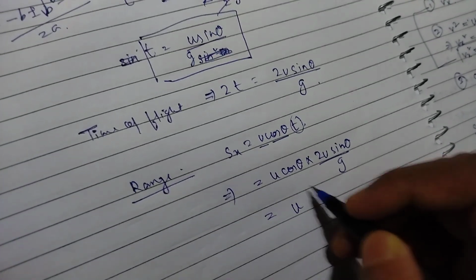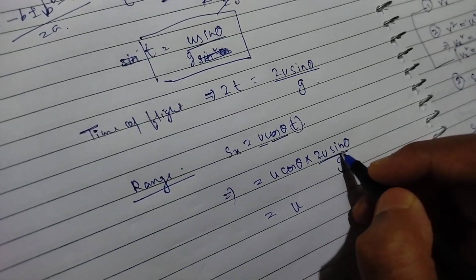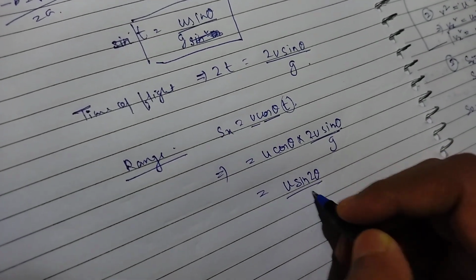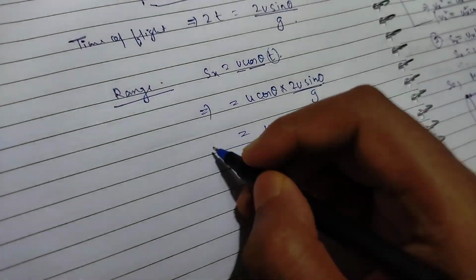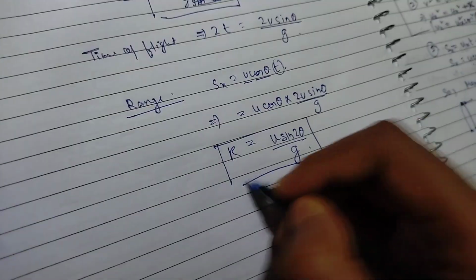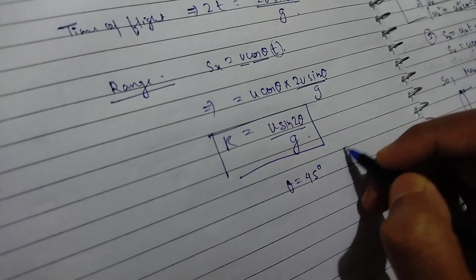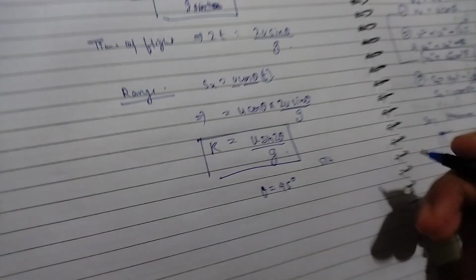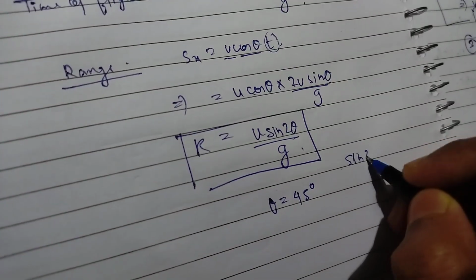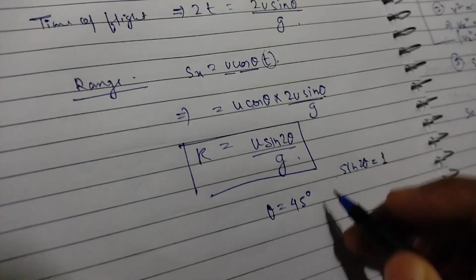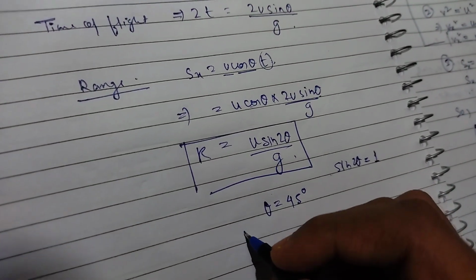So u cos theta times 2 sin theta makes u square sin 2 theta by g. So from this formula we get that at theta is equal to 45, or sin 2 theta is equal to 1, we will get the maximum range.